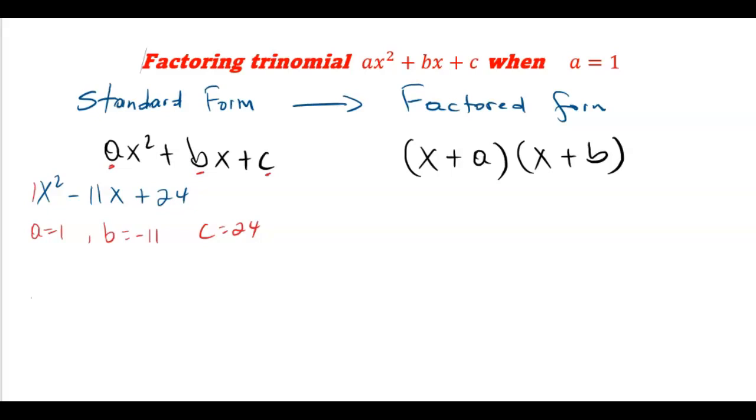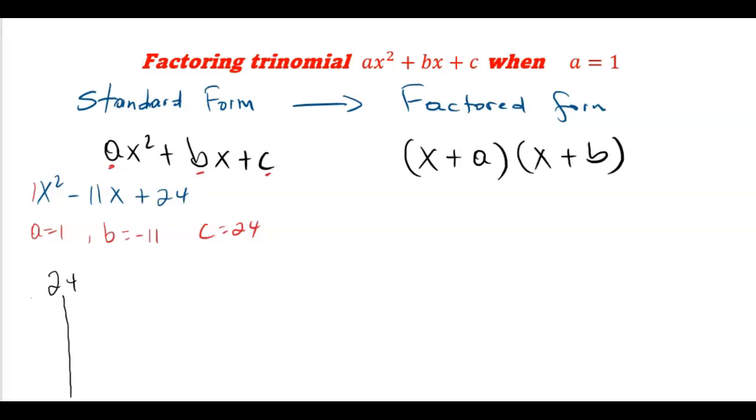So the way you do that is you start with the product first. The 24, the c value. So we're going to use the c value, which is 24. And we're going to find all the factors of 24 first.